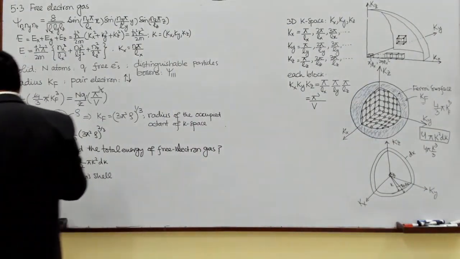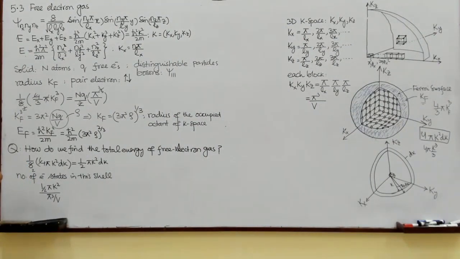As I know this volume is occupied not by a single electron but by 2 electrons, I have to multiply by 2 as well, and then I can simplify.